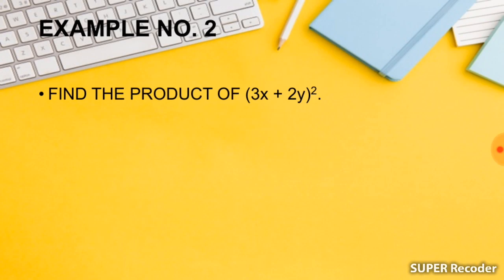For our second example, we're going to find the product of (3x plus 2y) squared.